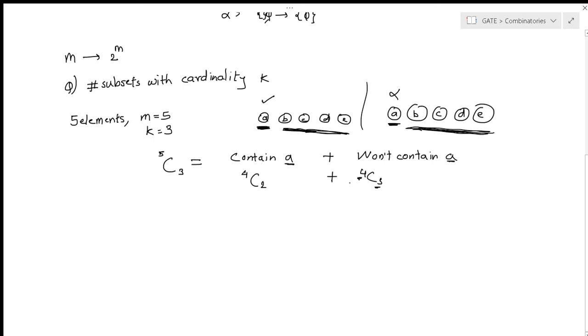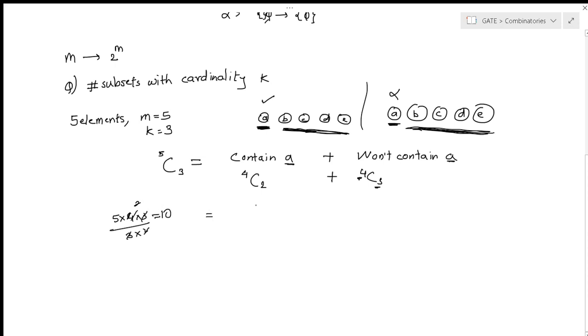So if we want to cross check, let's do it now. What's 5C3? 5 times 4 times 3, upon 3 times 2, which is 6, so this came out to be 10.